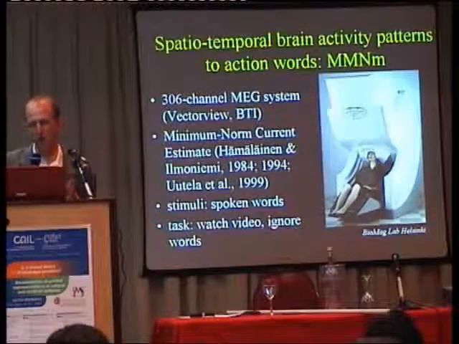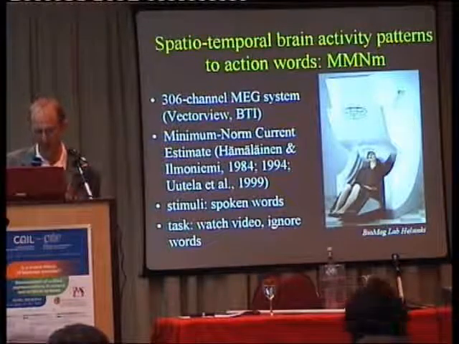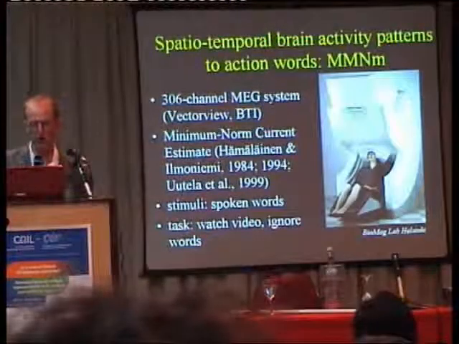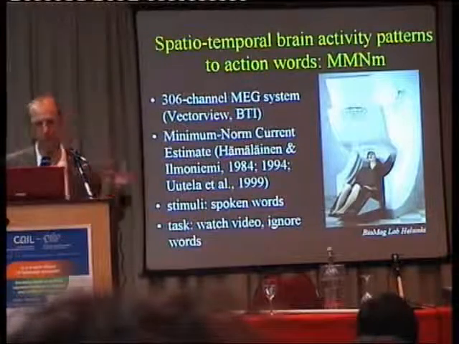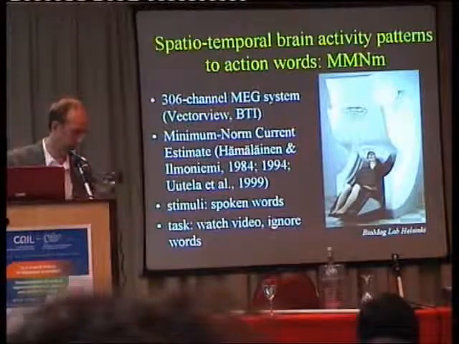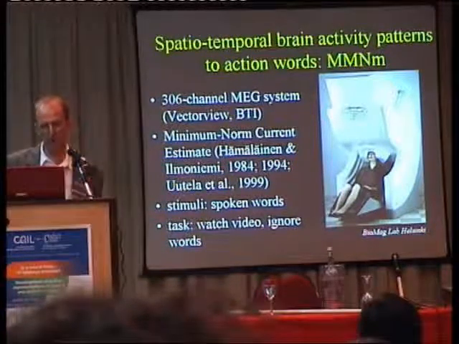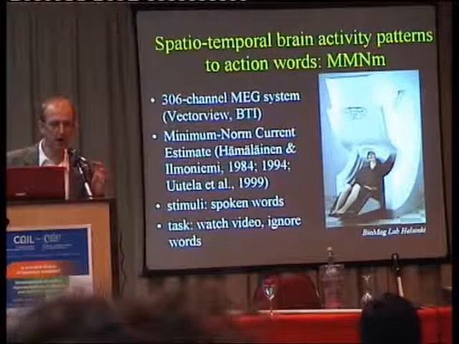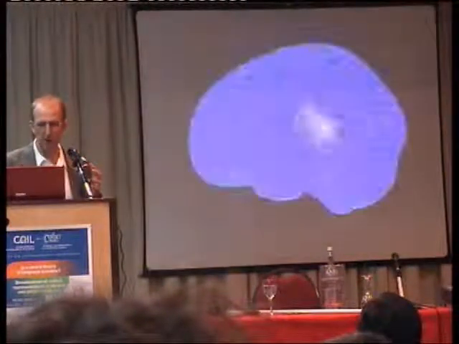We looked at that now using magnetoencephalography, MEG, and we actually performed a kind of source localization on the output of the 306 channels of our MEG system, and did a mathematical procedure called minimum norm current estimation in order to see the cortical activation spreading in cortex after the word could be comprehended.